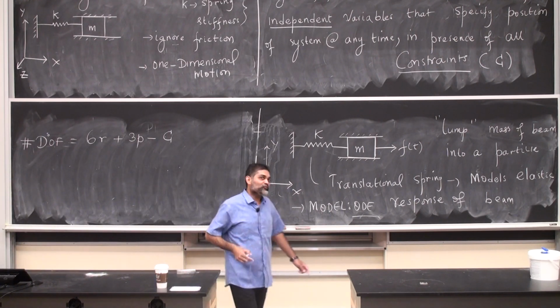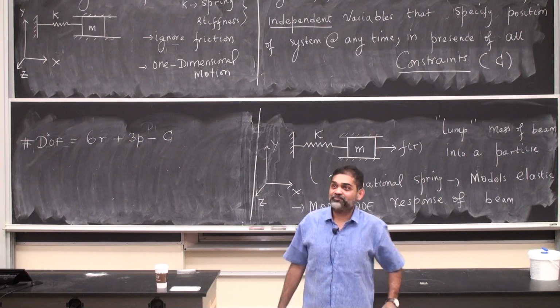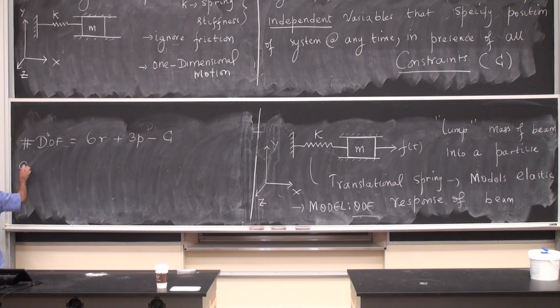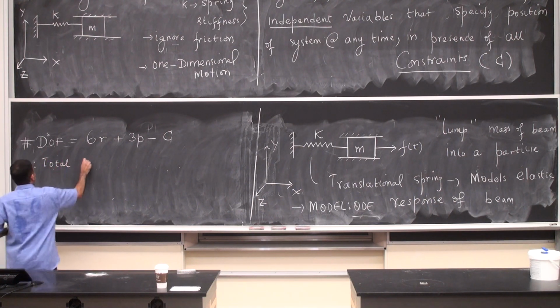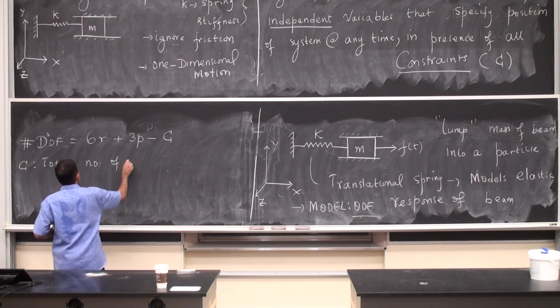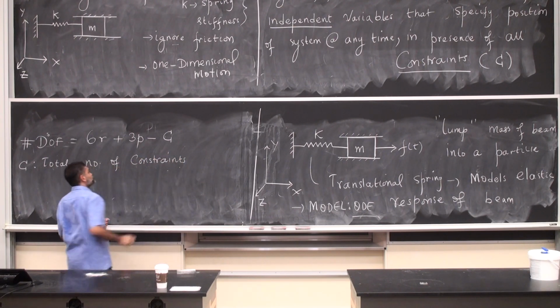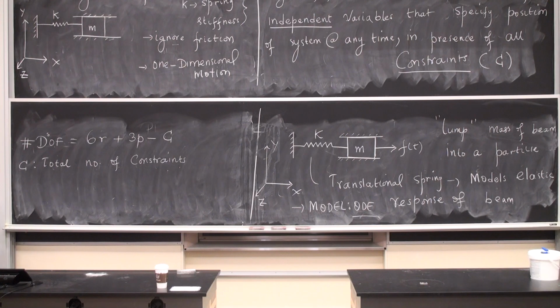What's R, what's P, and what's C? C, you know, is the total number of constraints. What's R? The total number of rigid bodies in the system.